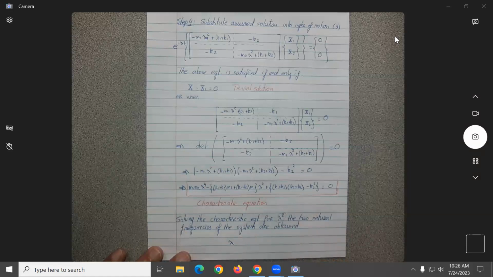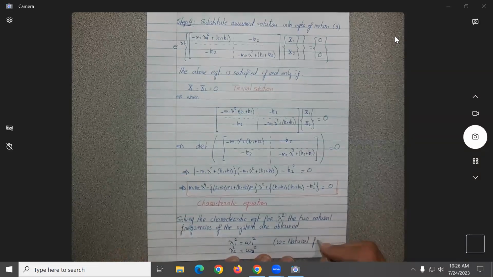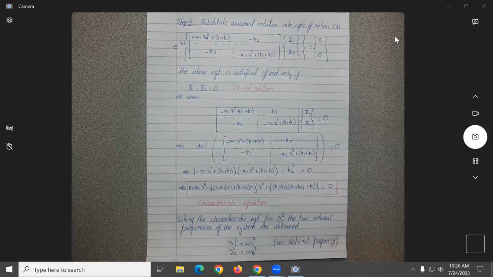So let's say here we'll have lambda 1 square equal to omega 1 square, and lambda 2 square equal to omega 2 square, where remember omega is the natural frequency.